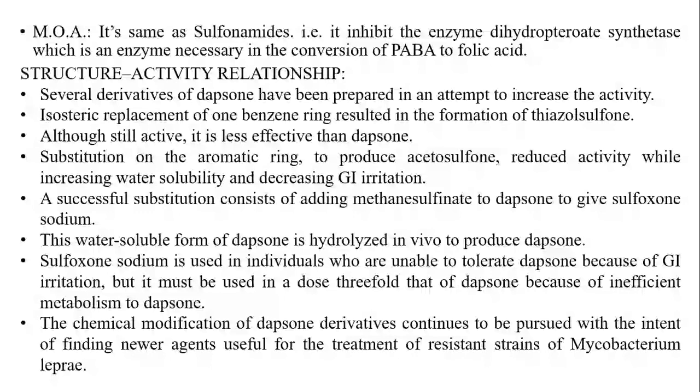Although this thiazole sulfone is still active, it is less effective than dapsone. Substitution on the aromatic ring produces acetosulfone, which has reduced activity while increasing water solubility and decreasing GI irritation.